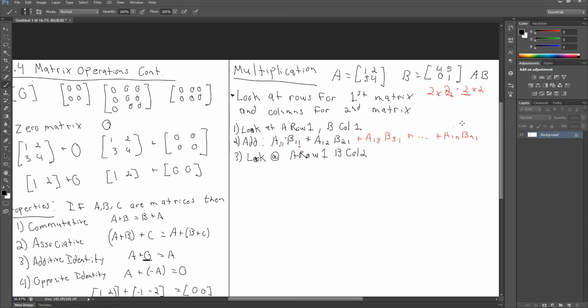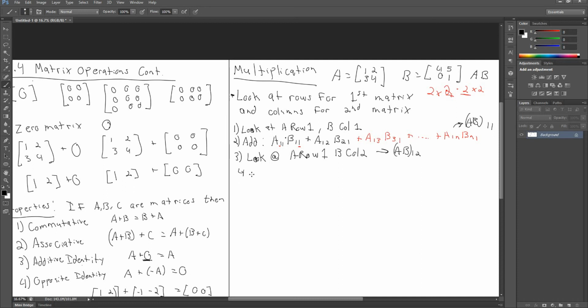So this one, I should say, is going to give me A, B, 1, 1. Since I have row 1, column 2, this is going to give me AB 1, 2. So I'm now in row 1, column 2.